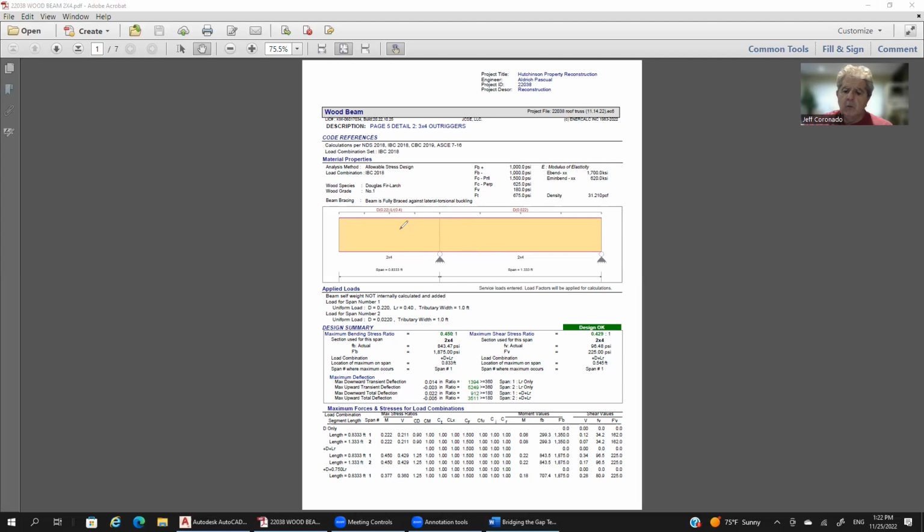So you would know that this overhang is going to deflect down. That means that your bottom fibers here for this beam are the ones that are in compression. Since there is no sheathing along this compression edge, this edge is unbraced.